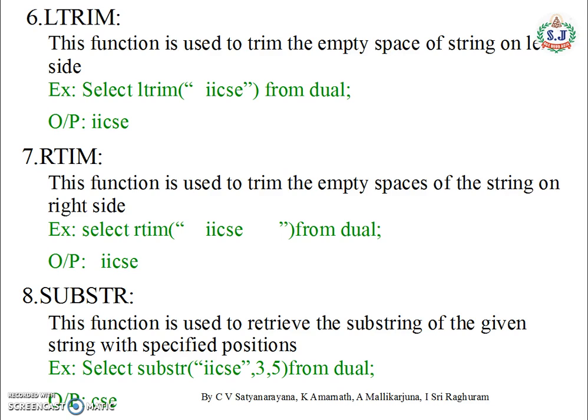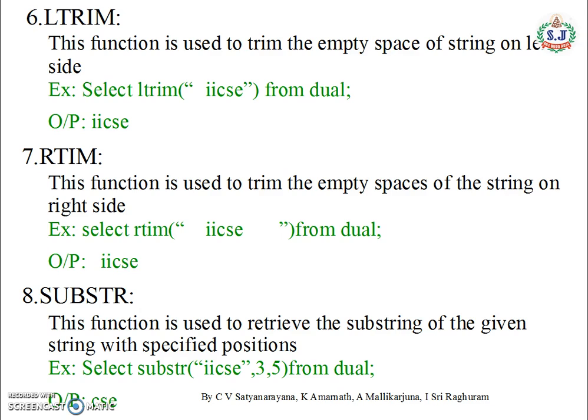The next function is substr or substring function. This basically returns a part of the string. So you have to mention the string itself from which you want the substring. You also have to mention where you want to start and how many characters you want. Those are the parameters here which need to be mentioned.